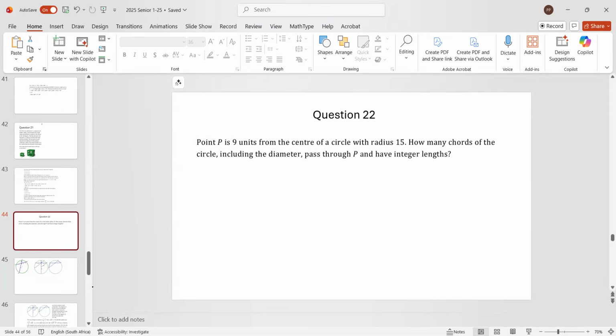A point P is 9 units from the center of a circle of radius 15. So let's see now. This looks like a nice, easy problem. Let's draw a circle.